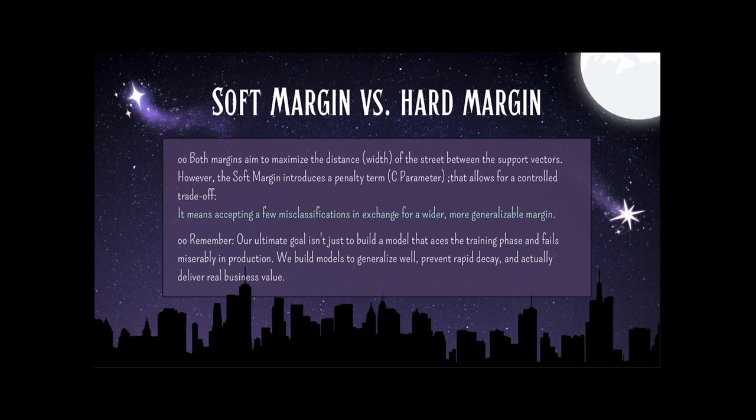It means accepting a few misclassifications in exchange for a wider, more generalizable margin. Remember, our ultimate goal as data scientists is not just to build a model that aces the training phase and fails miserably in production. We build models to generalize well, prevent rapid decay, and actually deliver real business value.